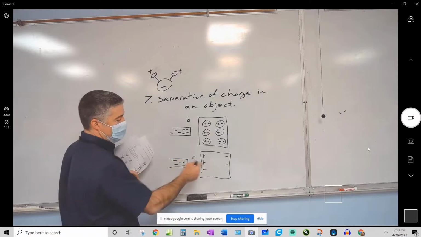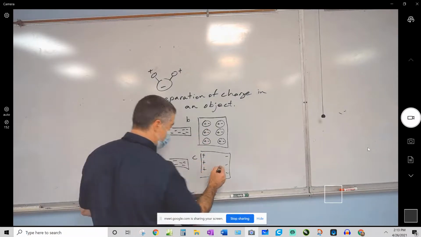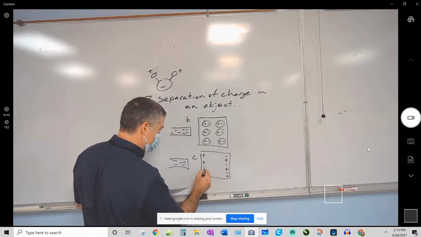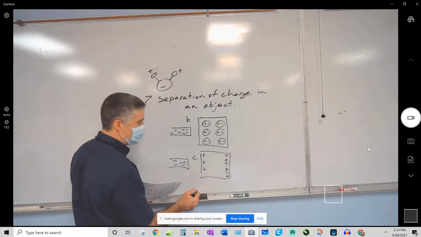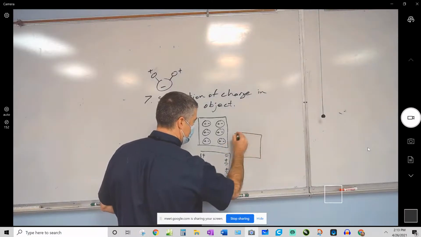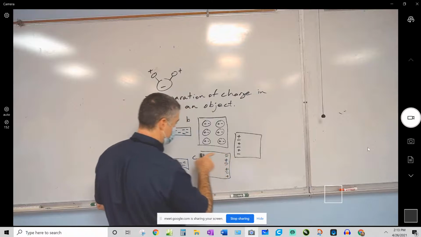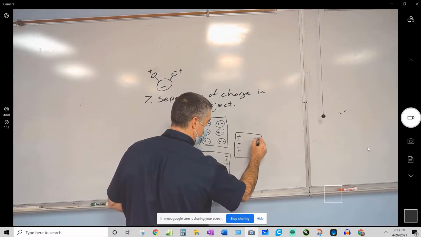So again, this is not how it would look in reality. In reality, we'd have something like this. Maybe in the beginning, there were positive and negative charges all along the left side, and then when this negatively charged thing was brought in, it pushed these 3 negatives over to the right.